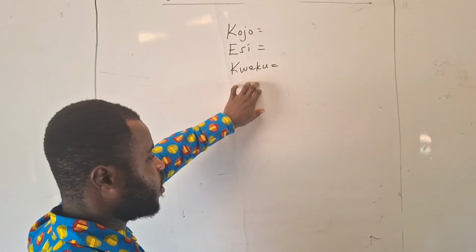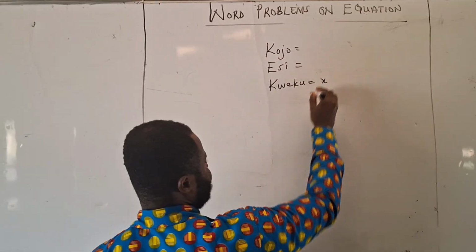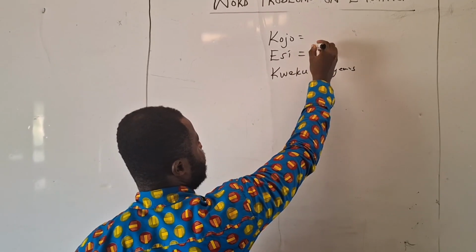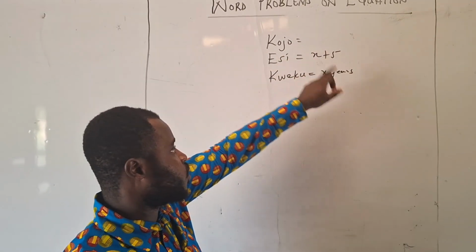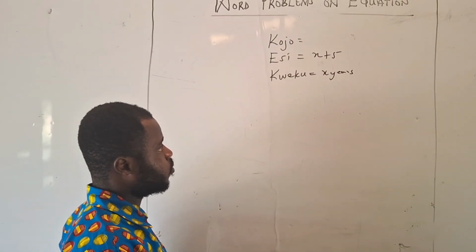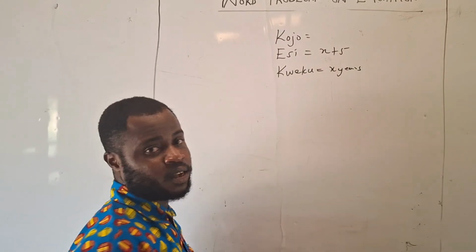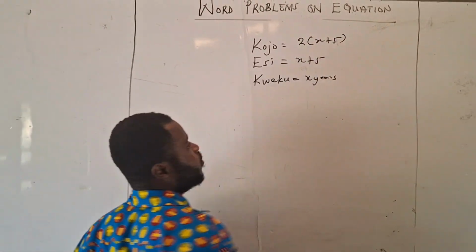So the younger one is definitely going to be Kweku. So if Kweku is x years, AC is going to be x plus 5, because AC is 5 years older than Kweku. And Kojo too is also twice as old as AC. So you are going to multiply AC's age by 2.